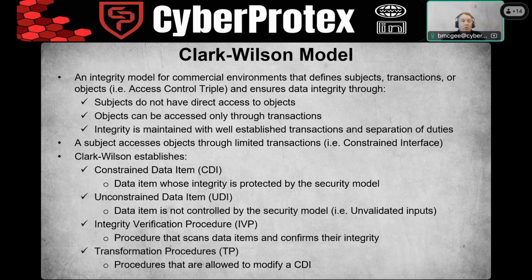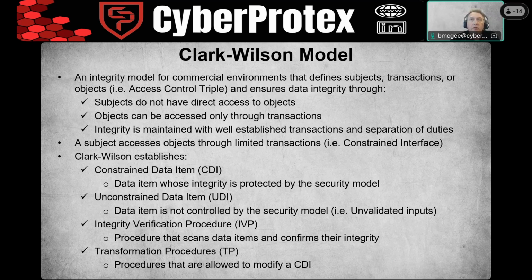This Clark-Wilson model was developed, I think, after Biba. It started to take some different approaches to protecting the integrity of information. This one focuses on users, transformation procedures, constrained data items, unconstrained data items, and then integrity verification procedures.